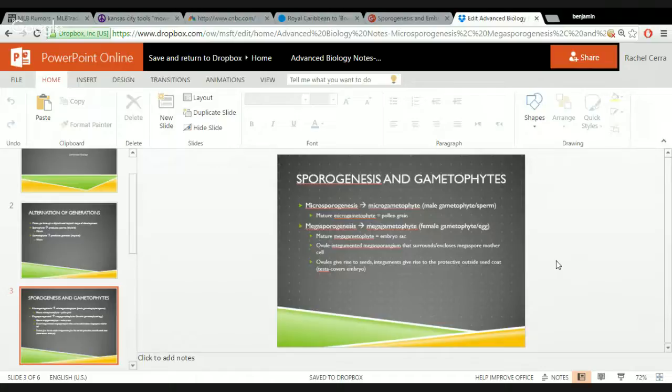The second one is that eventually your ovules will give rise to seeds. These little things called integuments will give rise to the protective outer coat of your seed, called the testa. And this is necessary for when you have your embryo, your little baby plant.